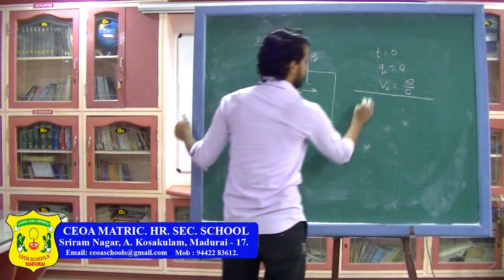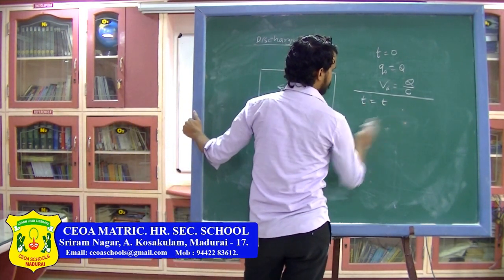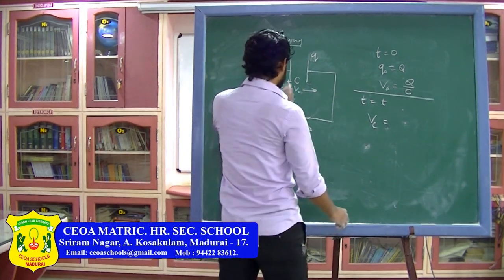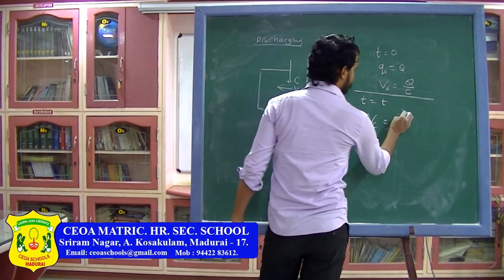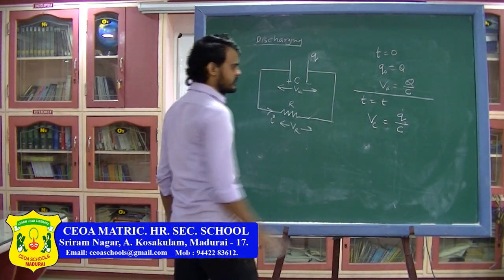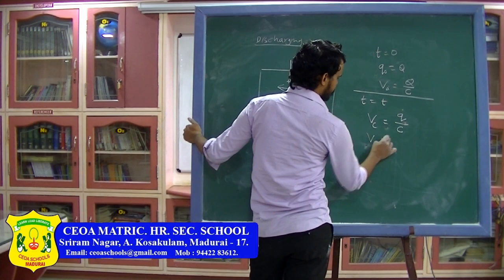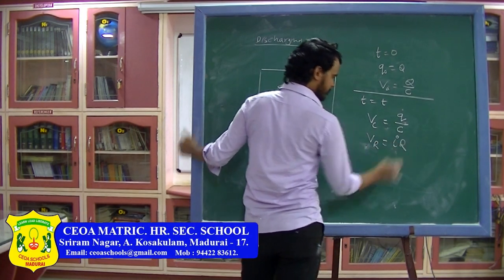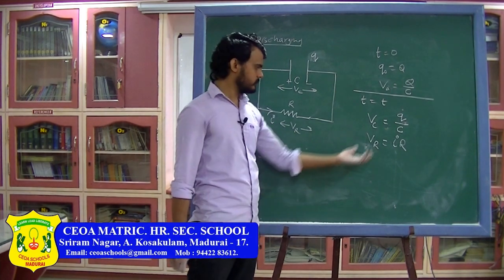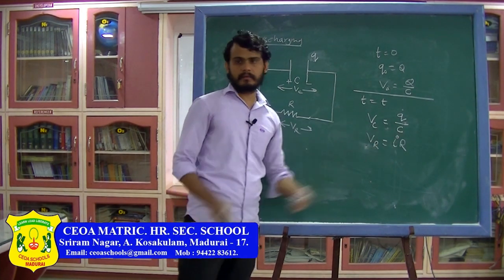So at any time t, potential across the capacitor is charge divided by capacitance, so it is q by C. And potential across the resistance is VR, which is equal to I into R. Now since Vc equals VR, I am going to equate these two terms and solve for I.